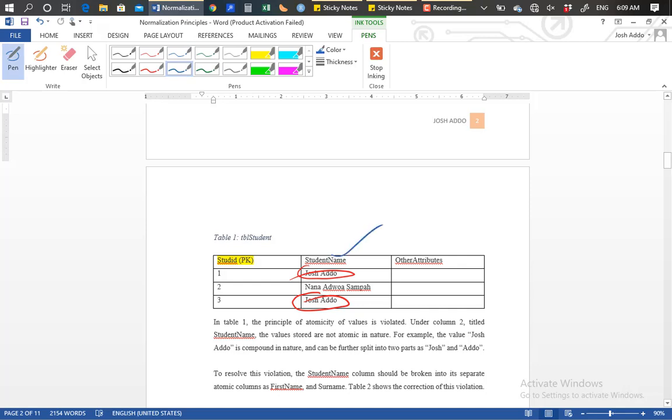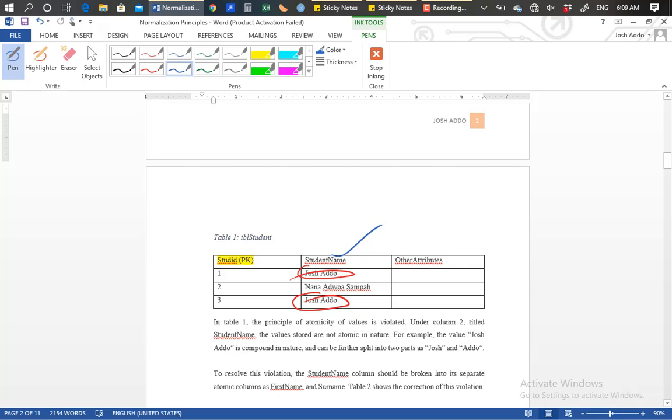The values under this column heading are Josh Ado, Nanajwa Sampa, and then we have another Josh Ado. These values are not atomic because Josh Ado is a combination of two data values, Josh and Ado, which could be broken and each one can stand on itself.